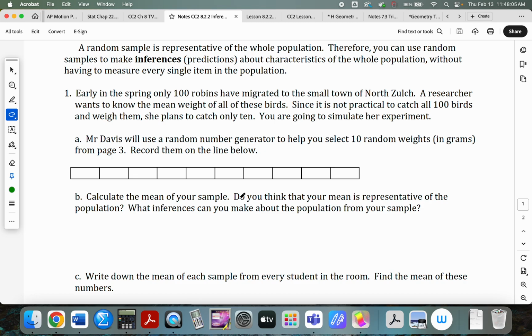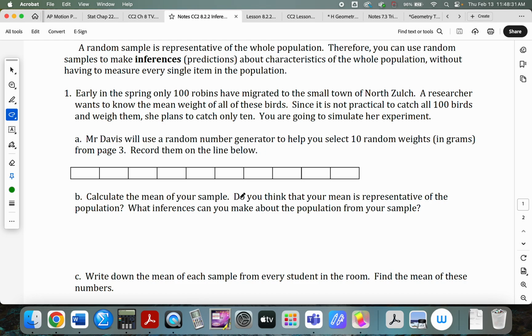So that would be row 10, column 3. So it'd be there. Yep. Alright, stop. Where it says column 0, do that as column 10.